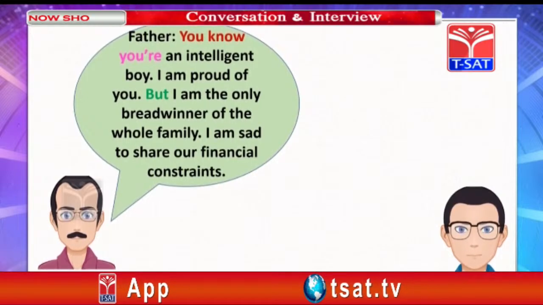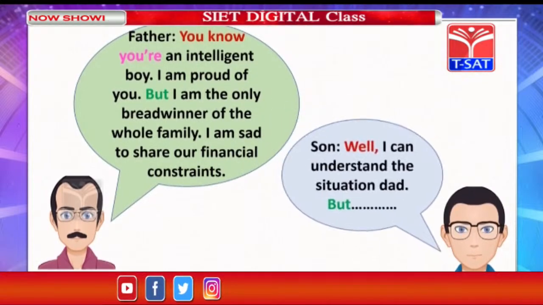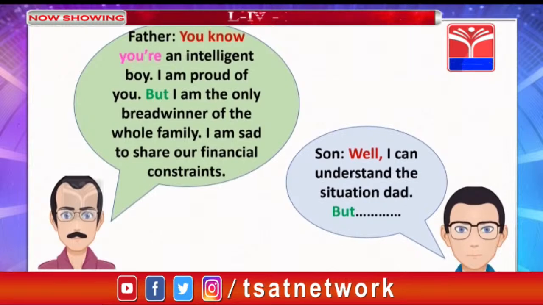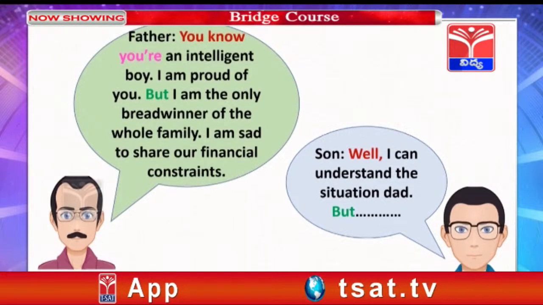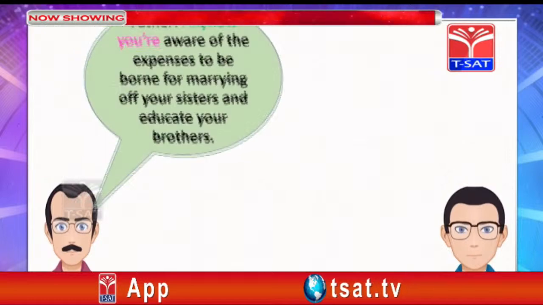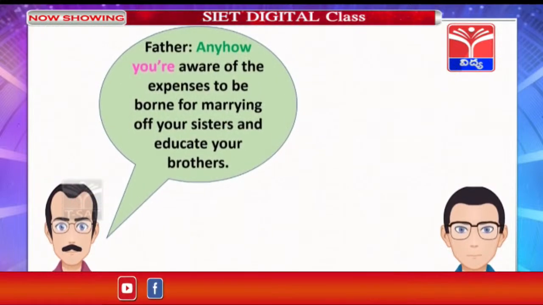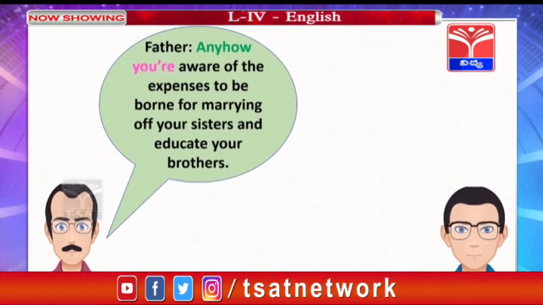I'm sad to share our financial constraints. Son: Well, I can understand the situation, Dad. But Father: Anyhow, you are aware of the expenses to be borne for marrying off your sisters and educate your brothers.